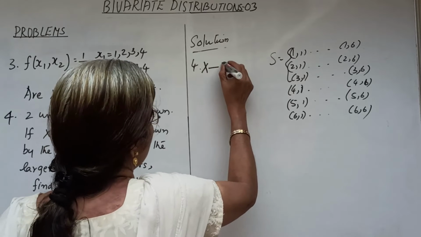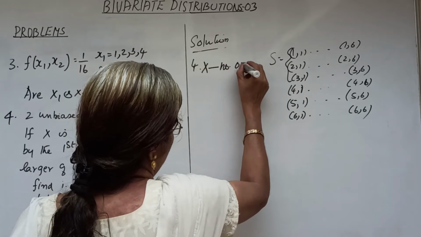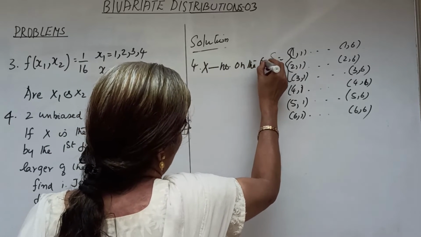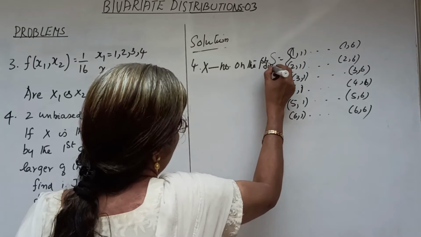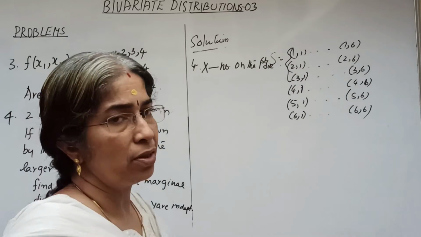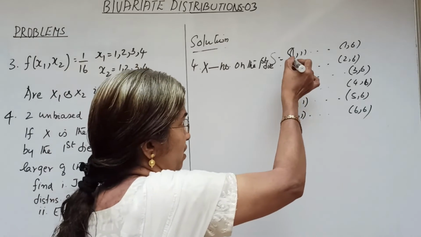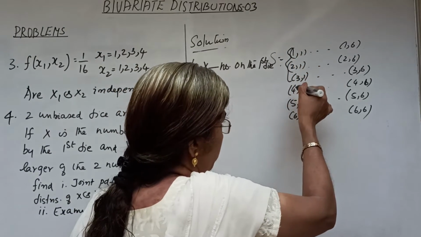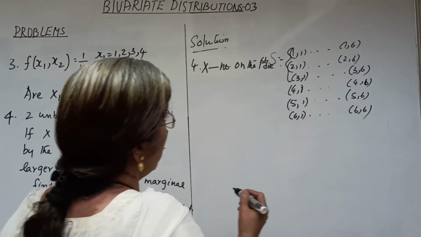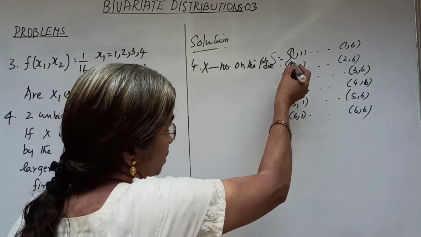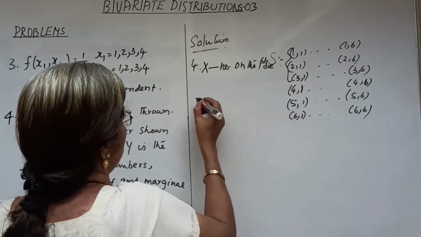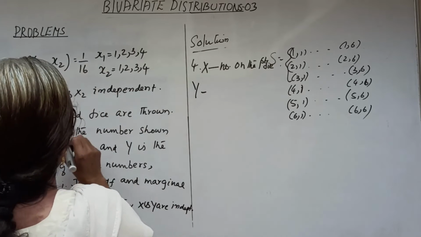Now here we have to consider x as the number on the first die. That means x takes the values 1, 2, 3, 4, 5, 6. Now, what about the pairs? The pairs are from (1,1) up to (6,6). And what is y?